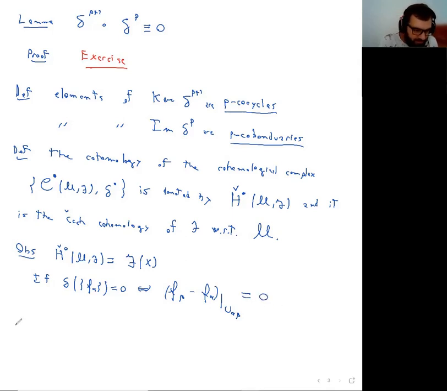So since F is a sheaf, there actually exists an F such that F restricted to U alpha is precisely F alpha. They glue together. So elements of this zeroth cohomology group are nothing but the global sections of your sheaf.